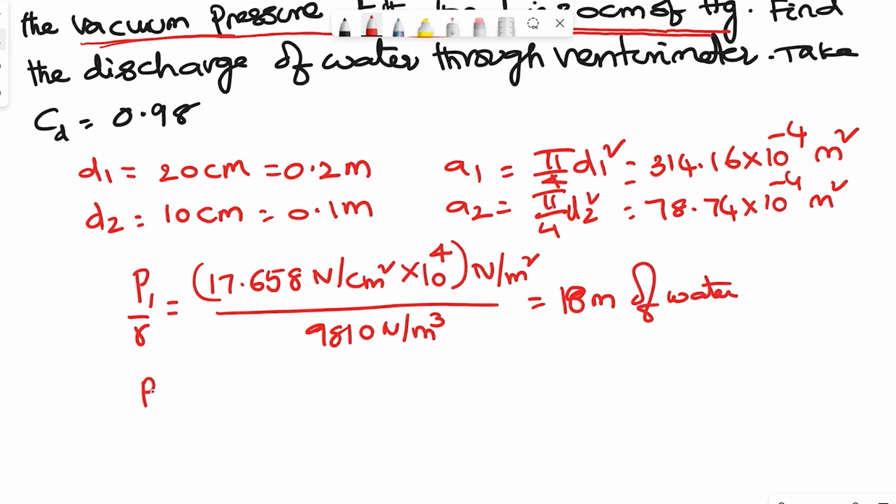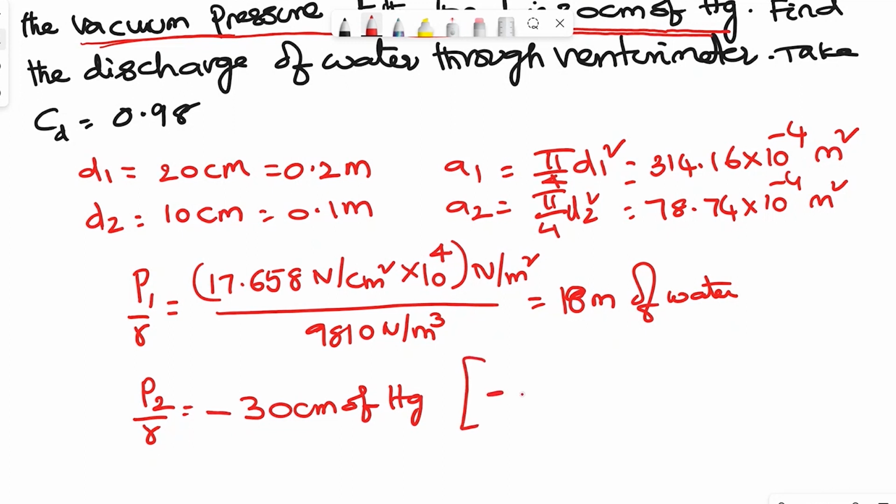Then what is P2 by gamma? P2 means throat. They have mentioned it as 30 centimeters of Hg vacuum. Vacuum means minus.